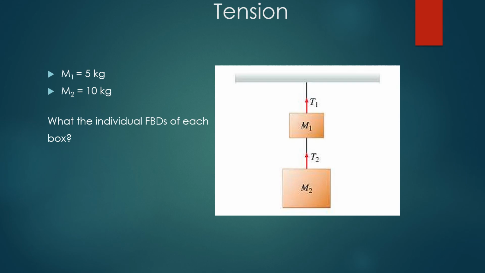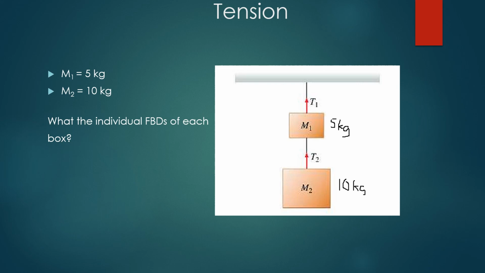Okay, so there's going to be math to this, of course. Let's look at this situation. I have 2 boxes hanging from a ceiling. I have M1, and M1 is 5 kilograms. And I have M2, which is 10 kg.